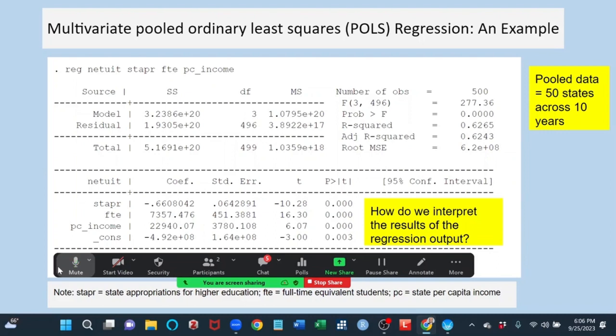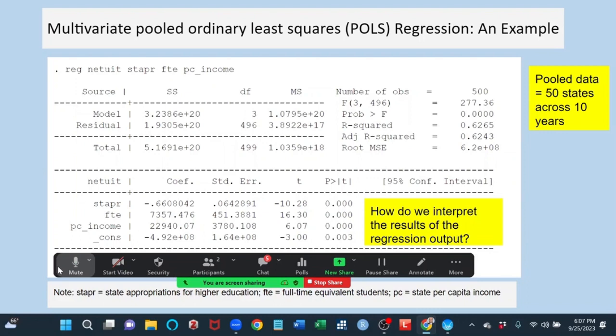Then it's for every dollar, right? Versus say in thousands or thousands of dollars, right? You can imagine state appropriations as the x-axis, so as it moves up, the line goes down. Net tuition revenue drops, right? Which kind of makes sense, right?